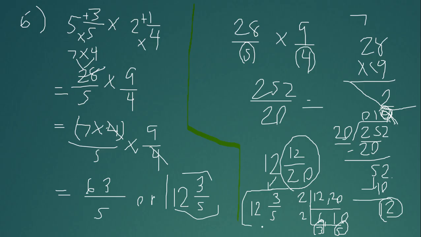Kung gagamitin kayo ng method of step by step, pwede din naman ito as to cancellation method or this one. Number 7. How about negative 2 7/10 times negative 4 1/4?